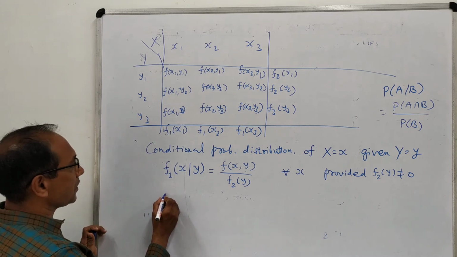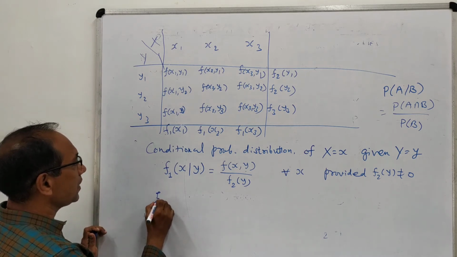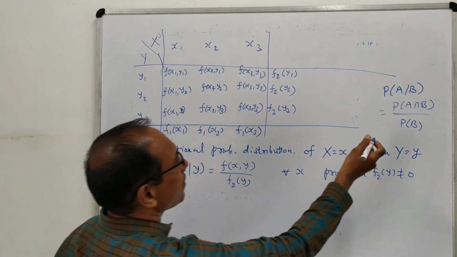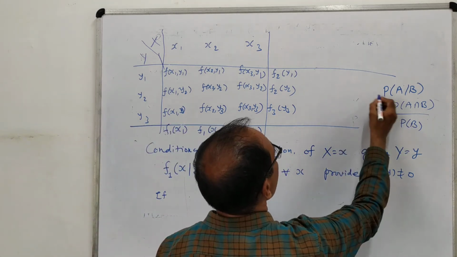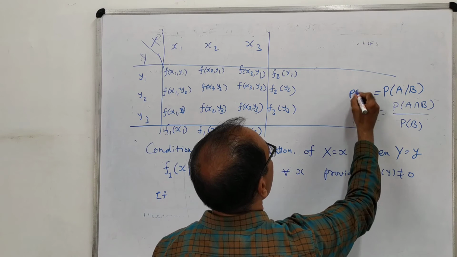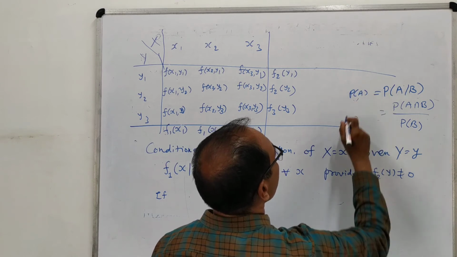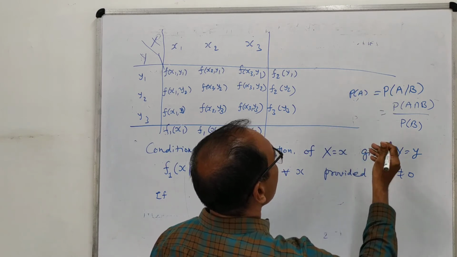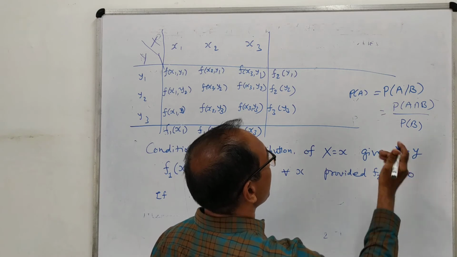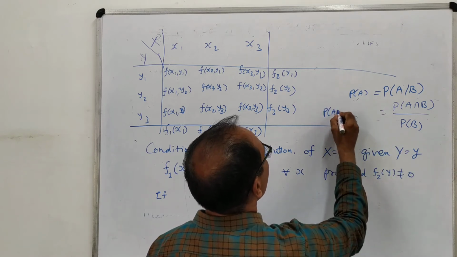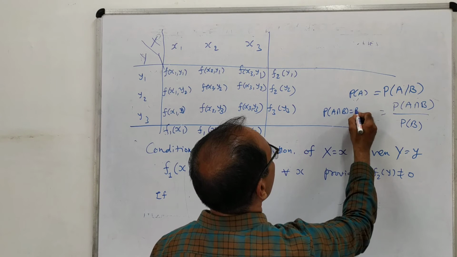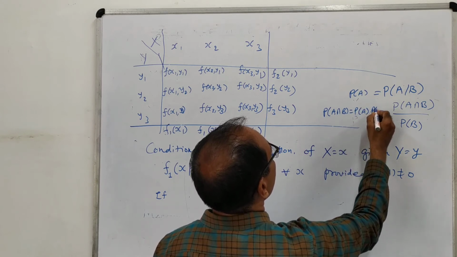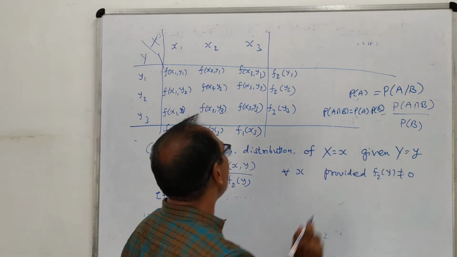Now again here, we were telling that if probability of A given B itself becomes probability of A, both are the same thing, then we say that A and B are independent events. Or else we can say that if probability of A intersection B equals PA into PB, then A and B are independent events.